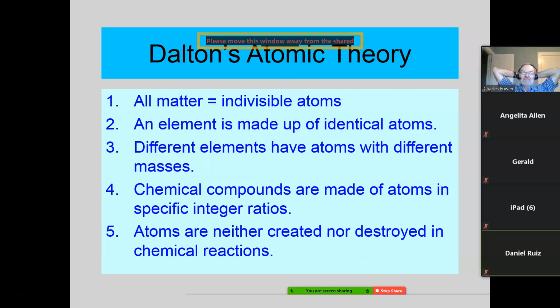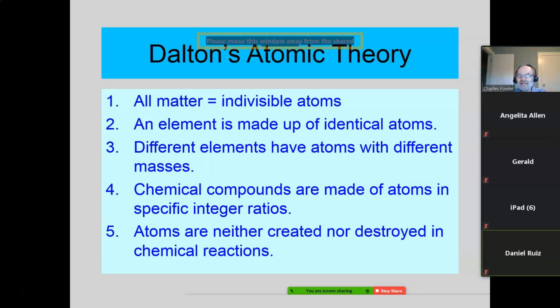The mass of an oxygen atom is usually right around 16. The mass of an iron atom is up around 56 or so. The mass of hydrogen is usually 1. Mass of helium, 4. So different elements have atoms with definitely different masses. That's the concept of pure materials: indivisible, identical atoms make elements.